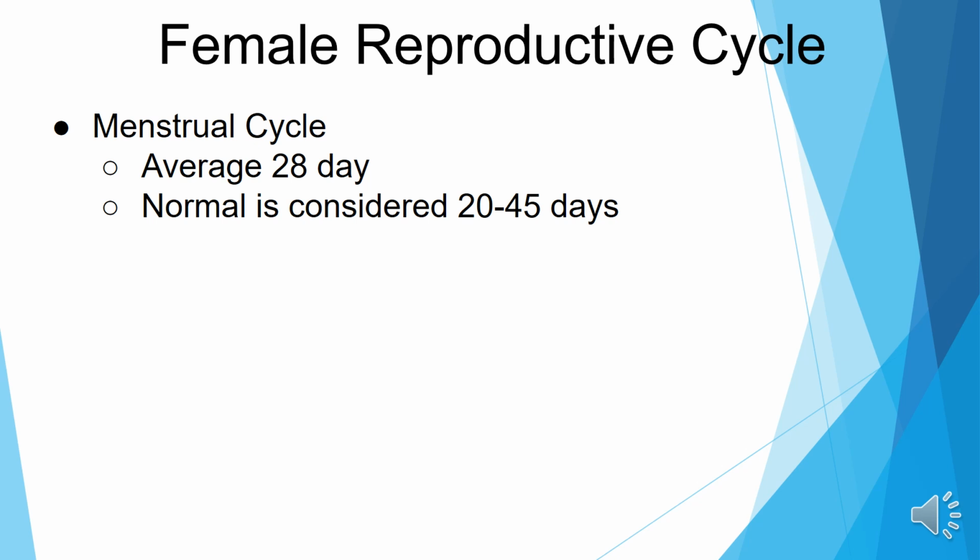So when we talk about a discrepancy of 20 to 45 days, you're really talking about a discrepancy as well in terms of when you ovulate, because when you menstruate is related to when you ovulate. And when we're trying to pinpoint the time frame in which we could attempt to conceive, we want to know about the time that you would ovulate and release an egg so that your chances are a little bit higher of conceiving.